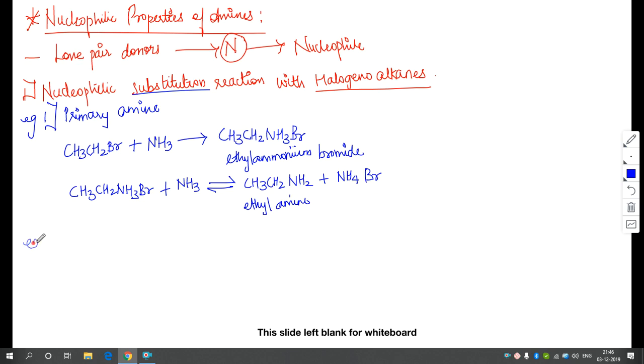Now second, we are going to form a secondary amine. Again, we are going to undergo a substitution reaction, because now we are going to use a primary amine. Again it is a 2-step reaction.